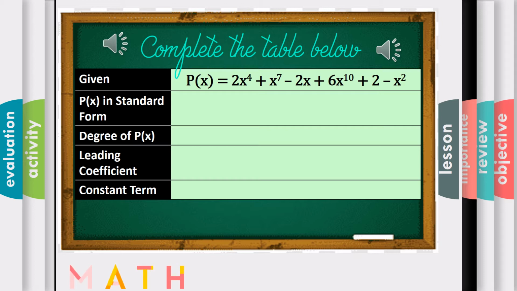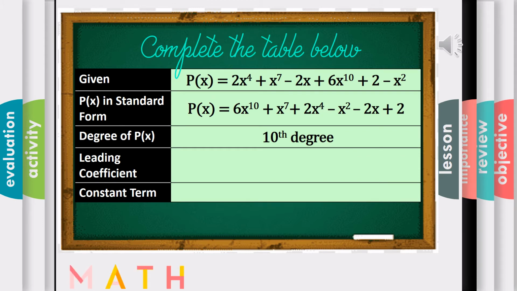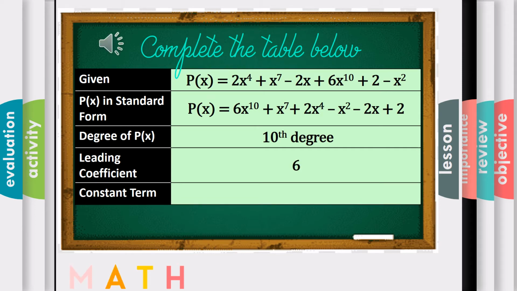The standard form of our polynomial p of x is equal to 6x raised to 10 plus x raised to 7 plus 2x raised to 4 minus x squared minus 2x plus 2. Since the highest exponent is 10, our polynomial function p of x is of the 10th degree. Our leading coefficient is 6, and our constant term is 2.